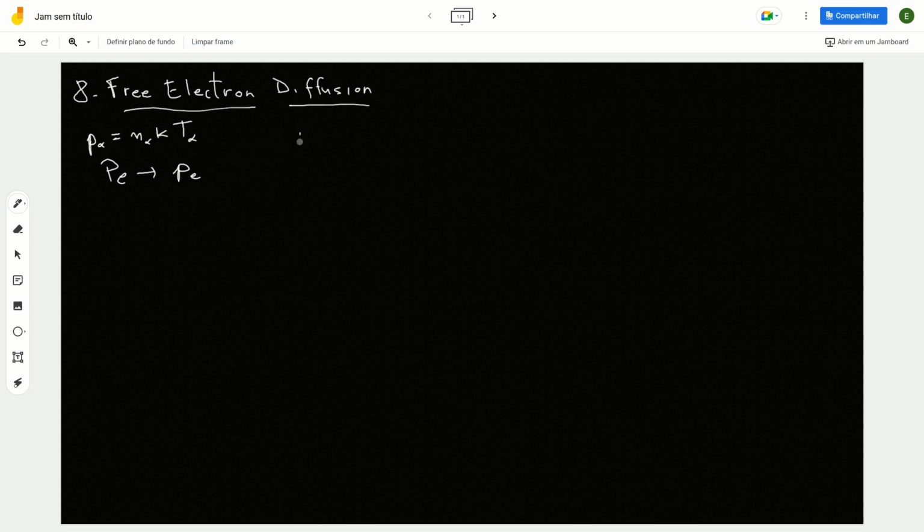And also, we'll suppose that initially E is equal to B, which is equal to 0. No electric field, no magnetic field to start. In this case, we will consider that our electron density can be once again written as an average plus a fluctuation, and the fluctuation depends on space and time.